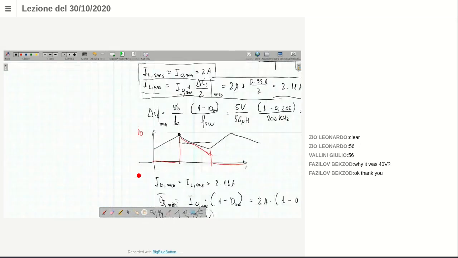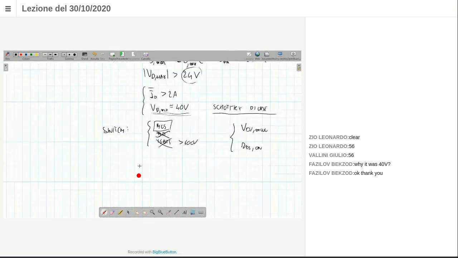Again, VDS maximum should be larger than Vin maximum. Vin maximum is 24 volts.